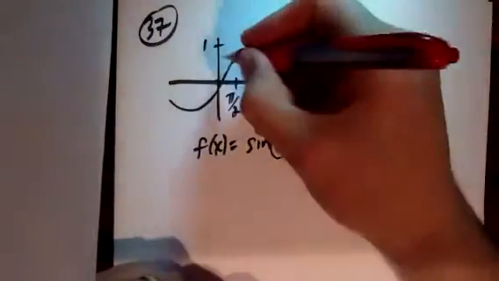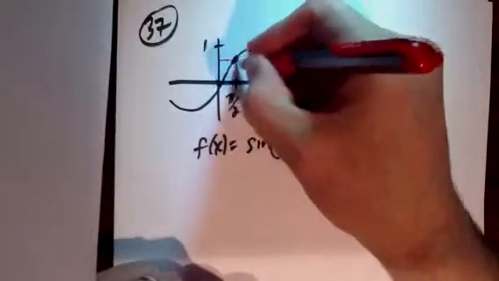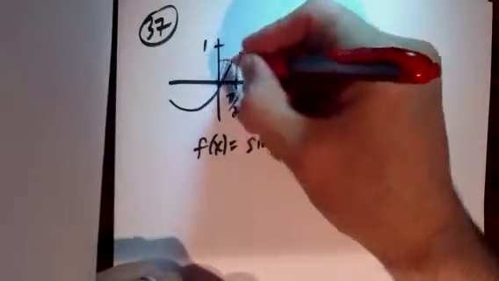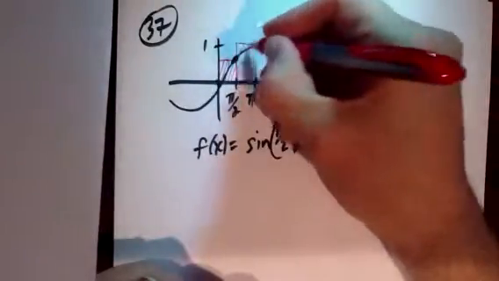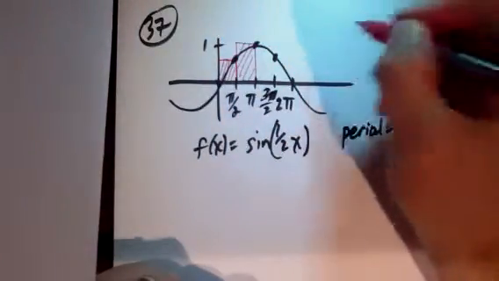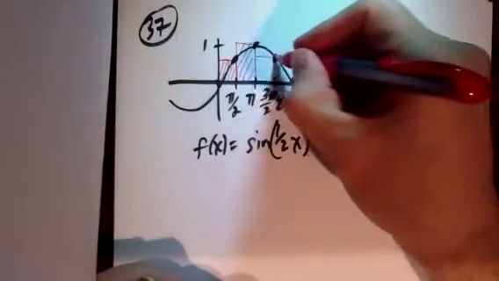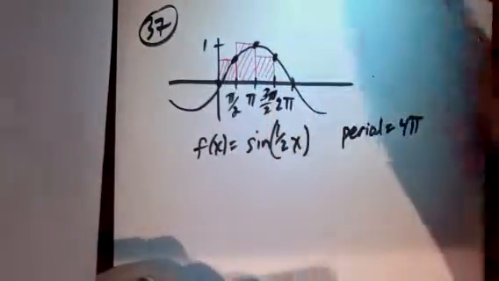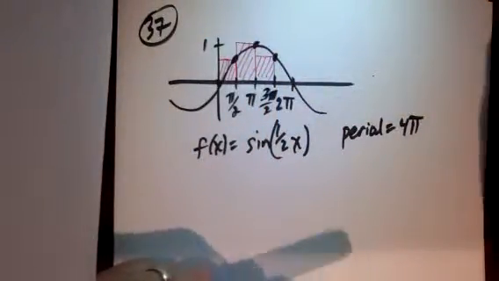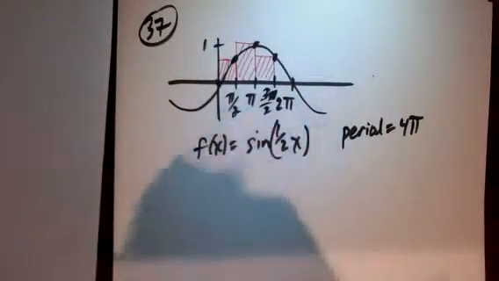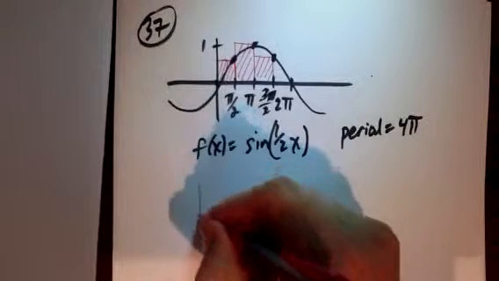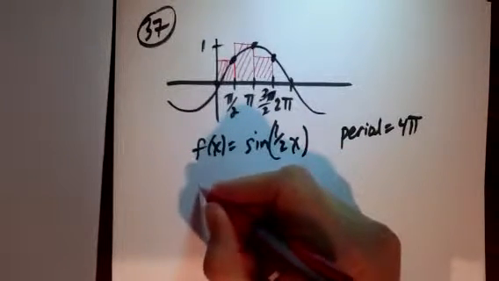The problem that we're looking at in the book, or on the ebook, says that each one of those points forms the right side of a rectangle. We know that the width of each rectangle is pi over 2, so I can draw out those rectangles right here.